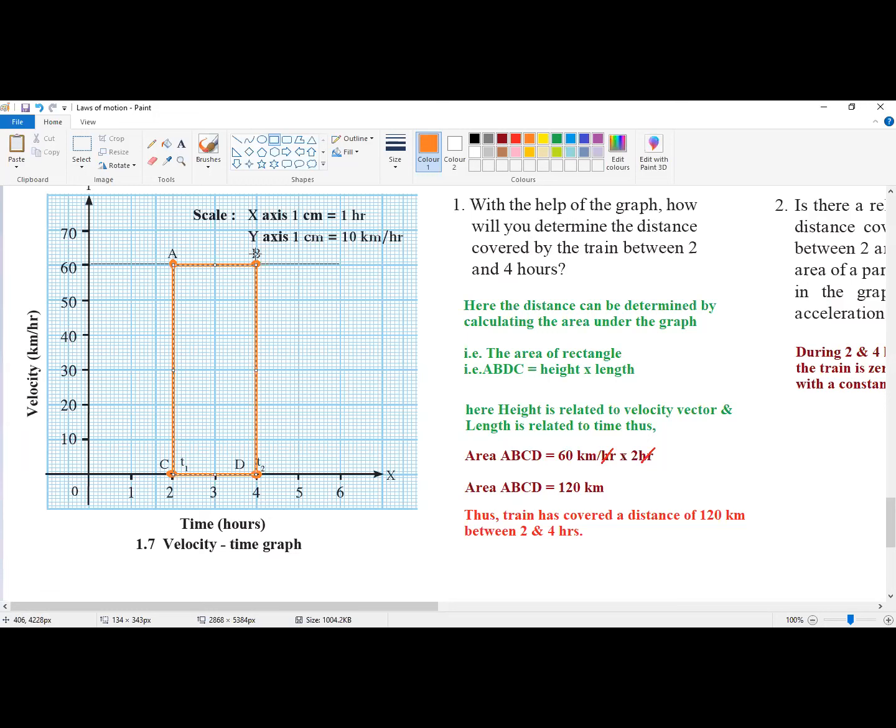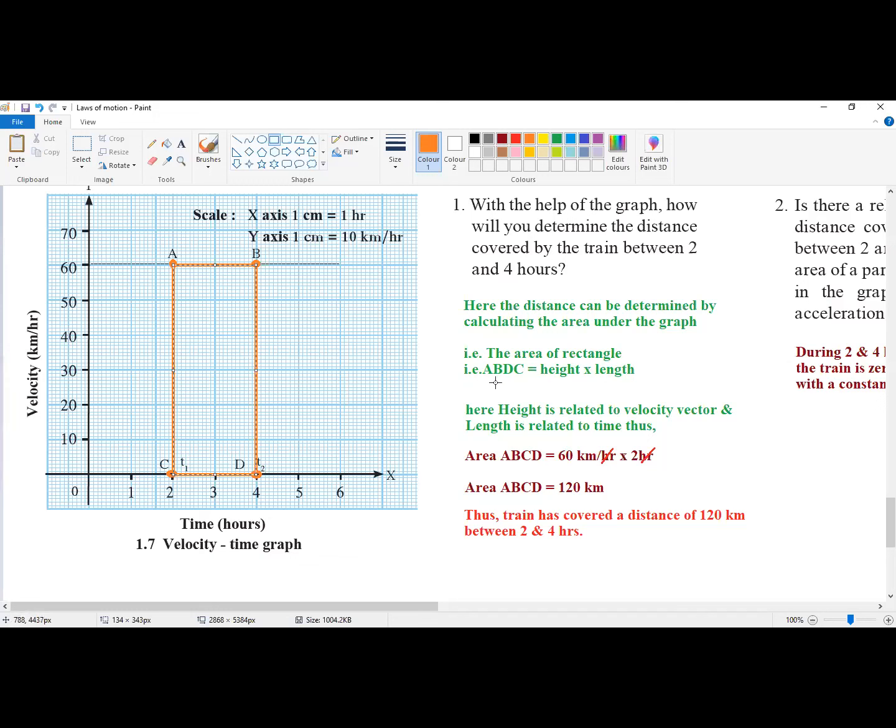Are you all following? Yes, sir. Now remember, we have to calculate the area of this rectangle so as to get the distance covered by the train between 2 and 4 hours. As we all know, the area of a rectangle is the product of height and length.